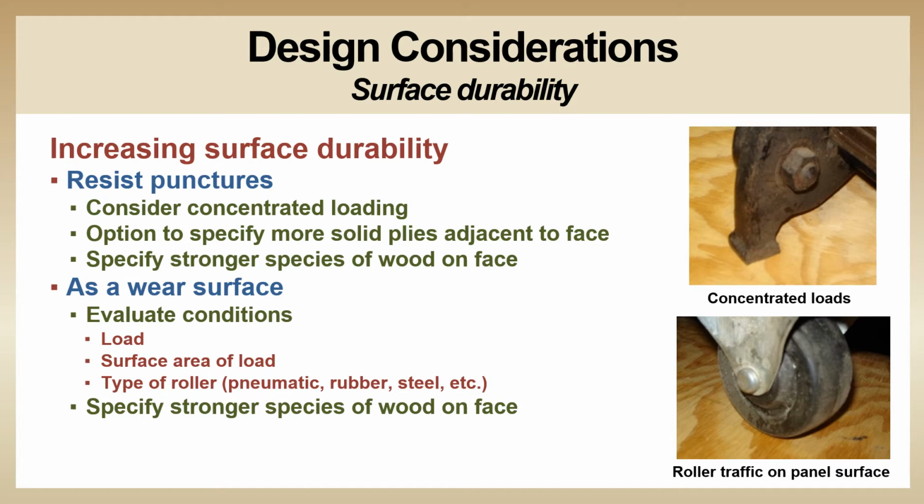In addition, stronger species of wood could be used on the face. Another consideration is surface wear with foot traffic, but also when rolling equipment is used. In those cases, the maximum load, the surface area of the load, and the type and size of the wheels must be evaluated. And again, surface enhancements can be used to protect the panel and provide an extended life.